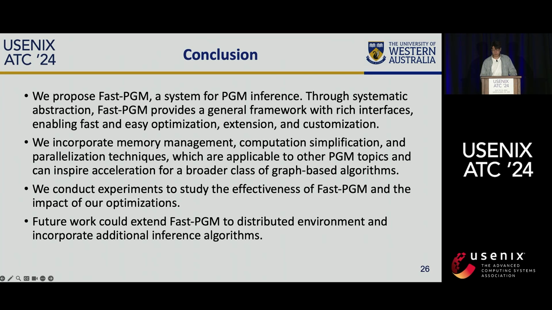Secondly, we incorporate memory management, computation simplification, and parallelism techniques, which are applicable to other PGM algorithms and can inspire acceleration for a broader class of graph-based algorithms. Thirdly, we conduct experiments to study the effectiveness of FastPGM and the impact of our optimizations. Future work could extend FastPGM to a distributed environment and incorporate additional inference algorithms.